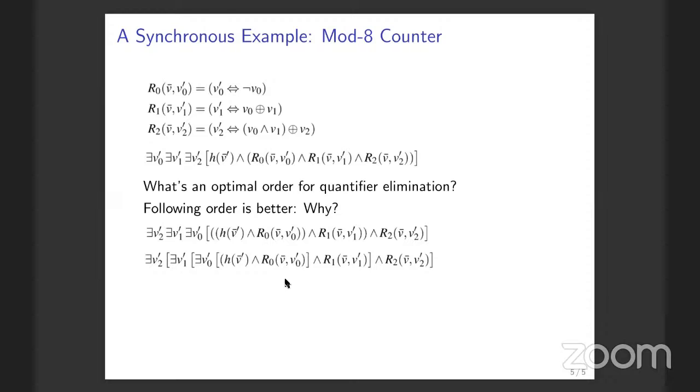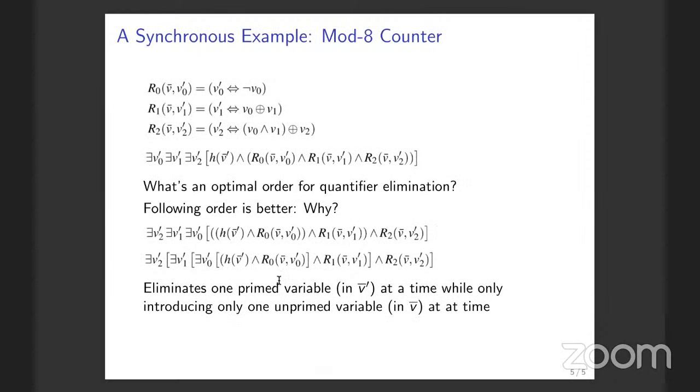But although from a primed variable point of view you can do it in any order, this particular order, when compared to the other one, is even better. As far as primed variables, you can eliminate one at a time, because by analyzing the dependency of R0 only on V0 prime, R1 only on V1 prime, and R2 only on V2 prime, you can split it up, move R0 over, then R1, and so on.